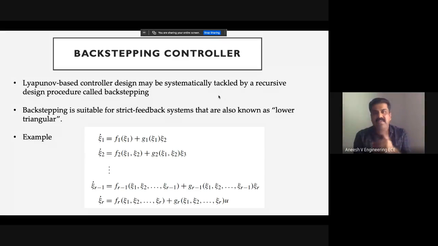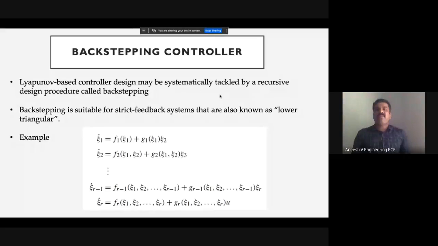Now, we will talk about the topic. What is a backstepping controller? From here, my presentation is going to make you familiarize with that. What is a backstepping controller? What are the advantages of the backstepping controller in comparison with our conventional controllers? How can we design a mathematical controller?